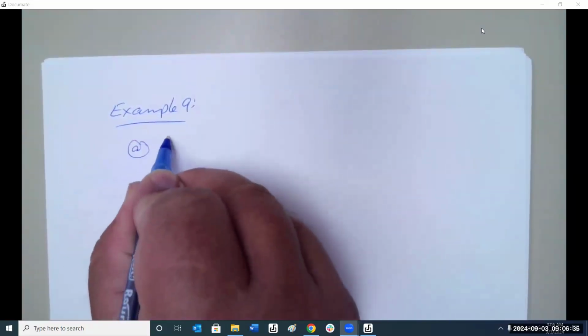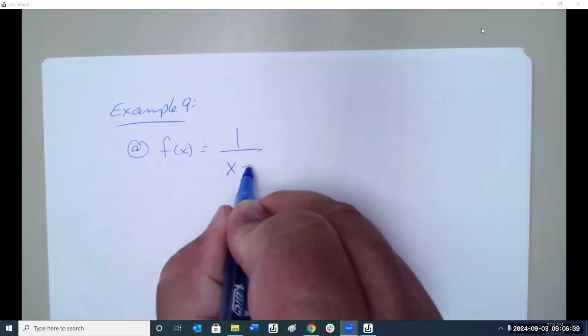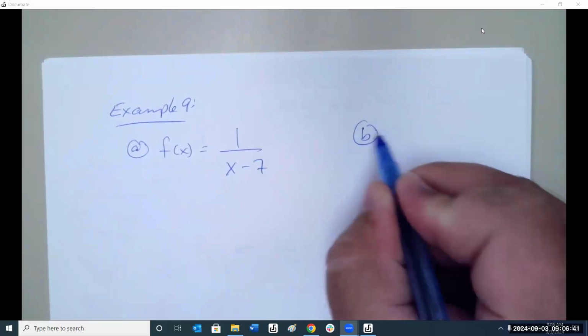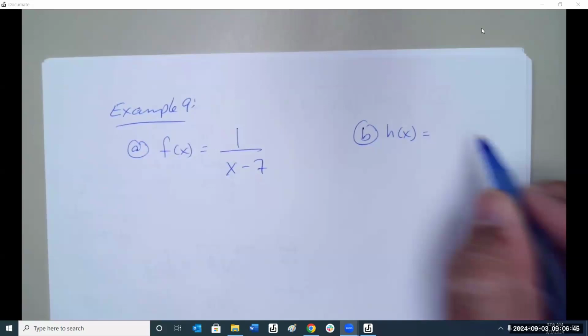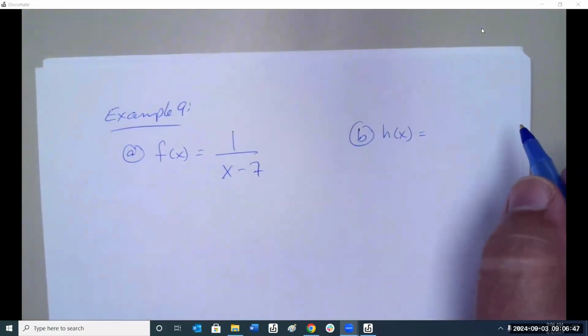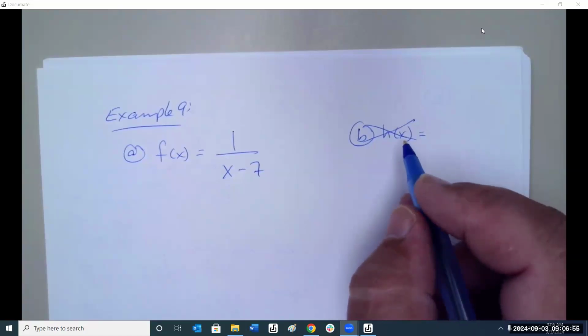Example 9. Here's my function. Tell me the domain of these functions. We can't do H. We can't do this one yet.